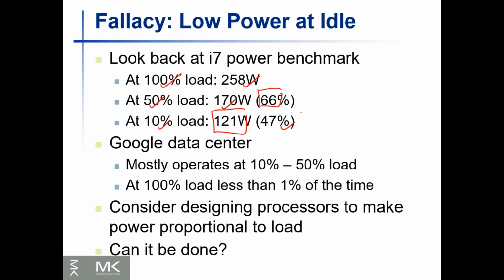So 47% of the power consumption is spent at 10% load. This is very inefficient, so running the server at this particular point is bad. It uses the most power at 100%. If you want to operate optimally, you have to operate between this range, to get much better power consumption.